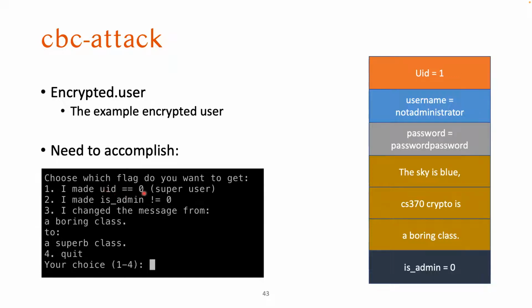We need to make the UID 0. We need to make isadmin non-zero. And we need to change a message specifically from boring to superb. Yeah, that's your task. Let's go through how we can do that.